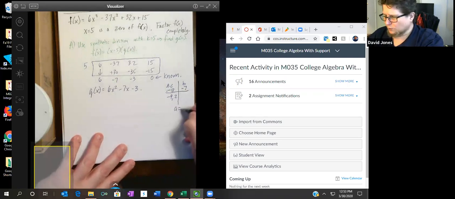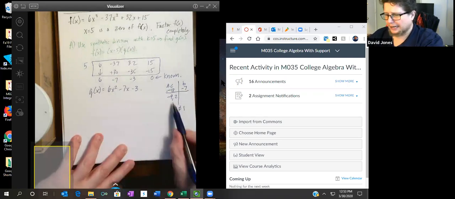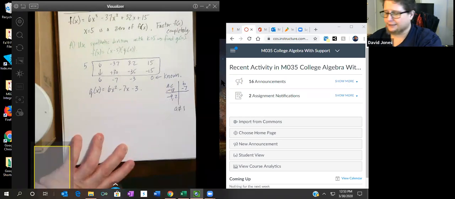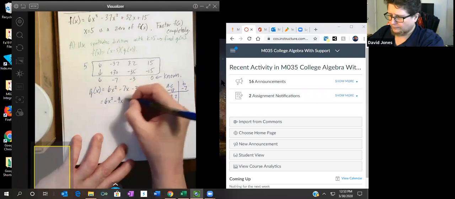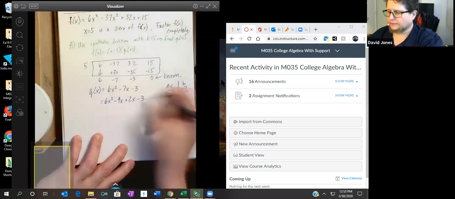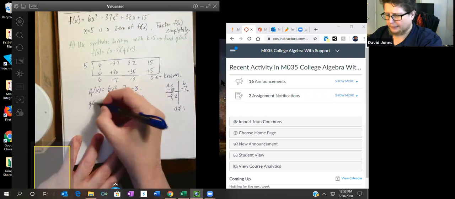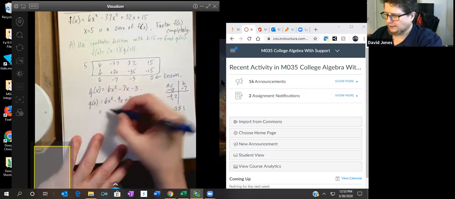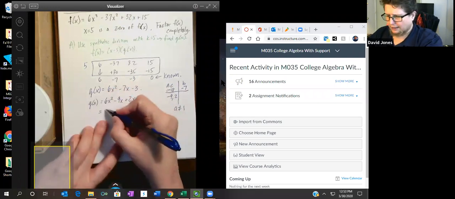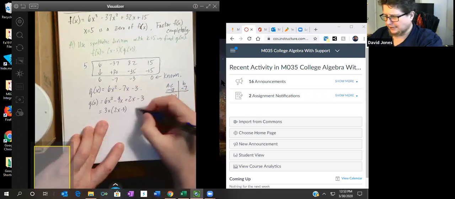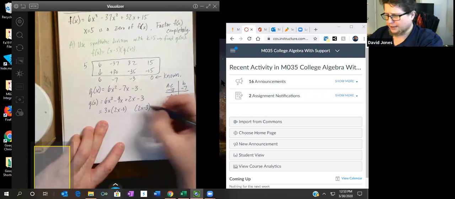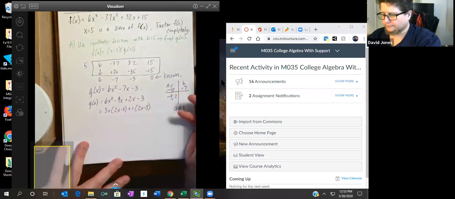A does not equal 1, so I can't just jump to putting x minus 9 and x plus 2 in parentheses. I have to split this up and factor by grouping. I can pull out a 3x, and that leaves 2x minus 3. I need another 2x minus 3, which means I got a plus 1.